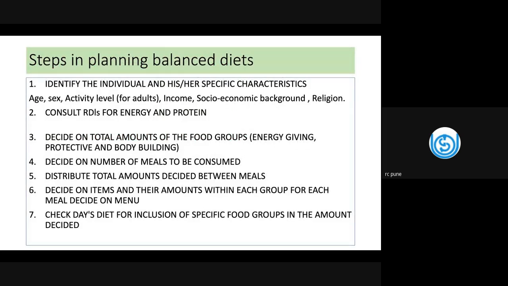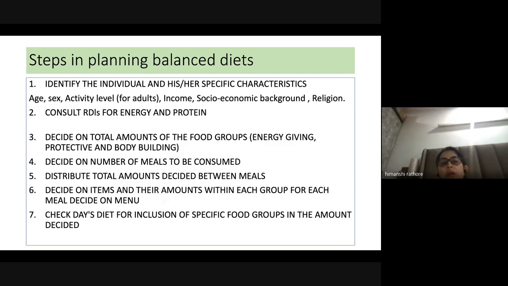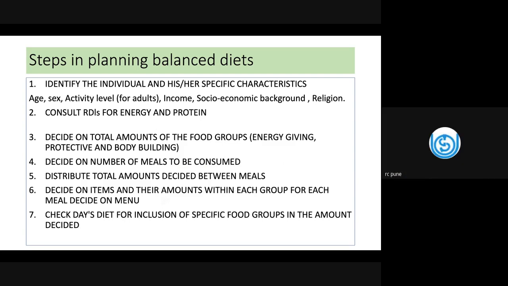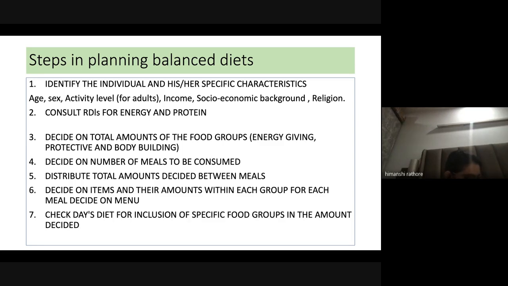My last slide is about the steps in planning the balanced diet, and I have already discussed these in the slides. You all can read that.